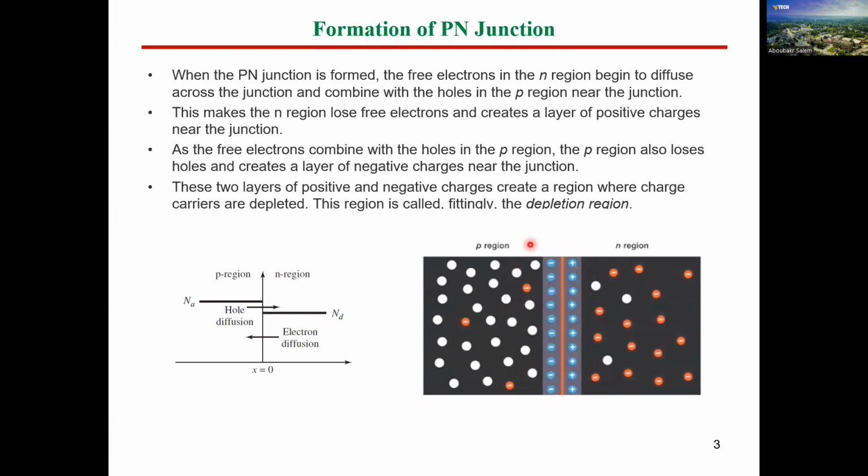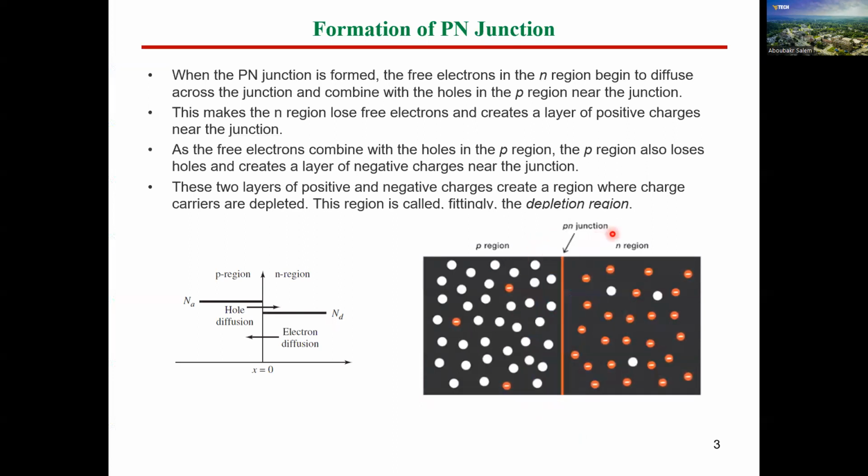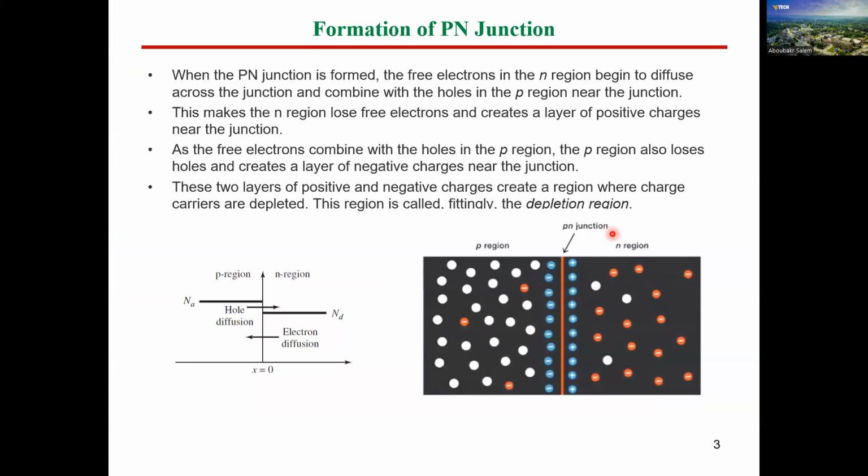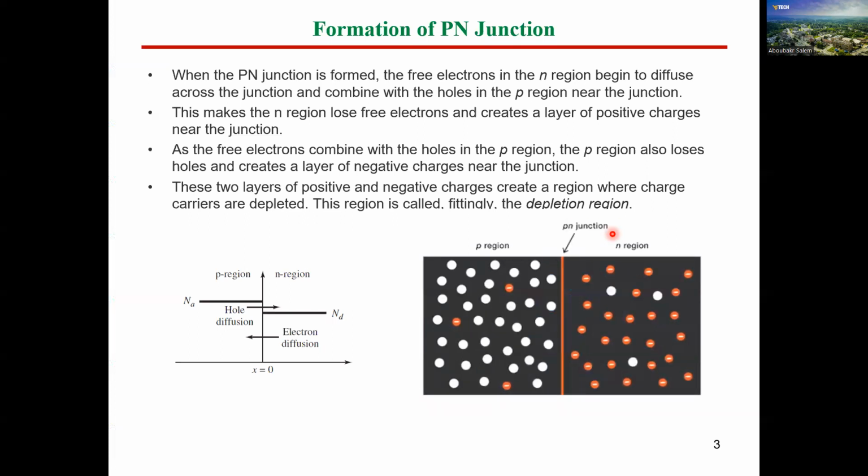This region here, guys, we call the depletion region. What is the depletion region now, guys? The depletion region acts like a region that cannot flow electric current. In order to allow a current to flow, you need to break this region.